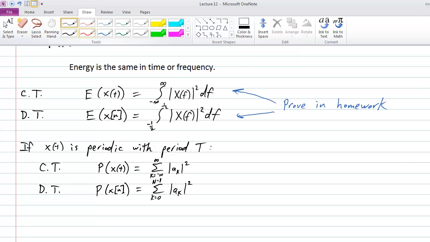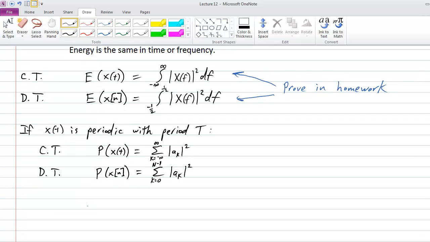Here we go. x of t, we said, can be written as a sum, k equals negative infinity to infinity, of a_k e to the i 2 pi k over T t.